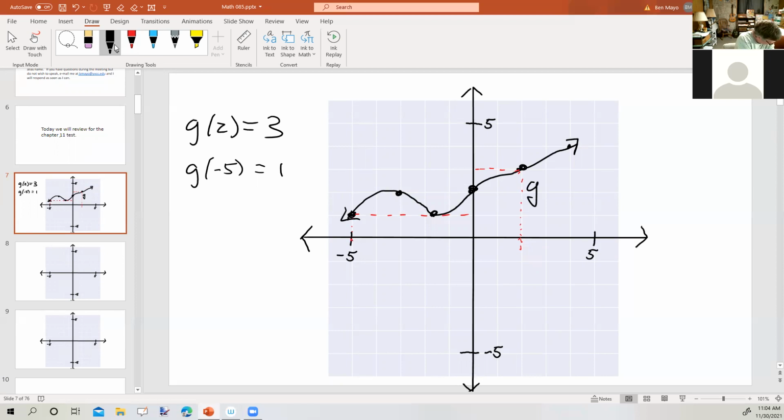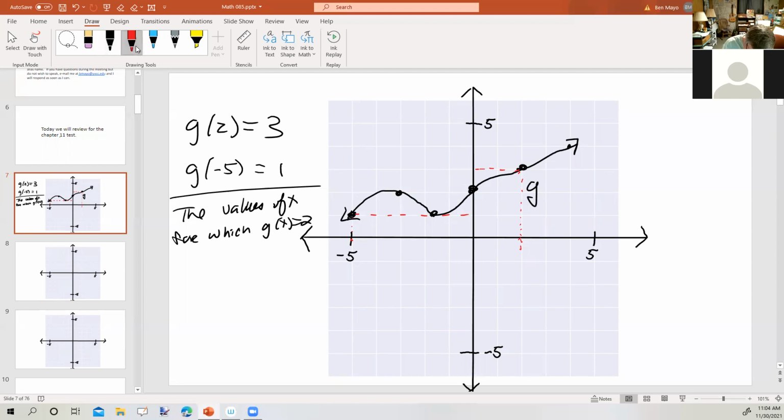It says the values of x for which g of x equals 2. Well, g of x equals 2 is right here and here. So we'd say x equals what? -3, and x equals 0. So those inputs produce an output of 2.